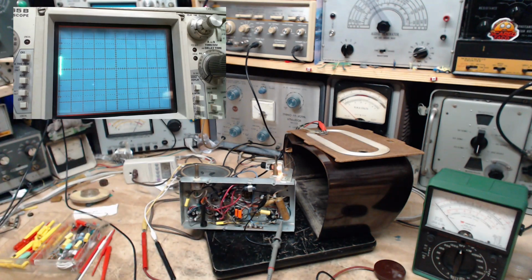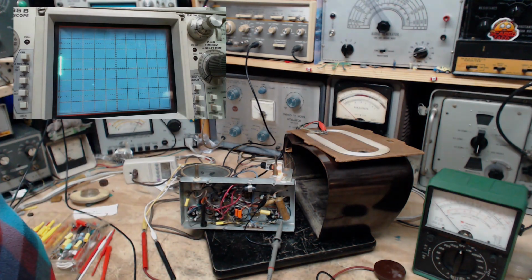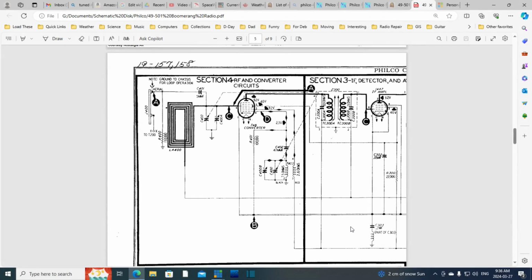Let's look at it. Maybe I can imagine this better with a schematic in front of me here. So we're talking about this capacitor here. It's basically on this line, and a lot on the B minus. It's basically connecting B minus. Now wait a minute, how can this have a big impact?